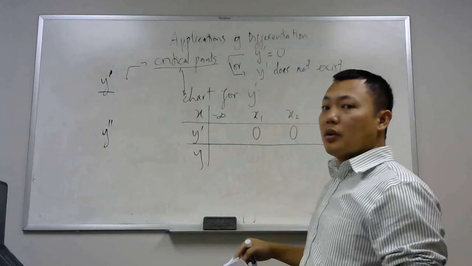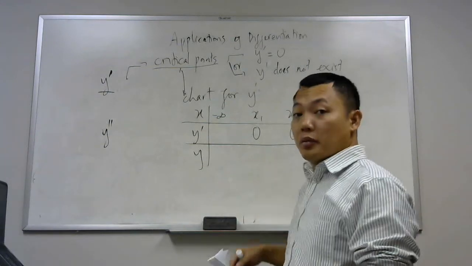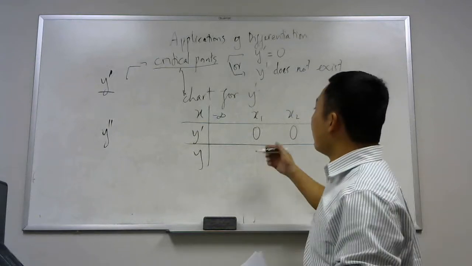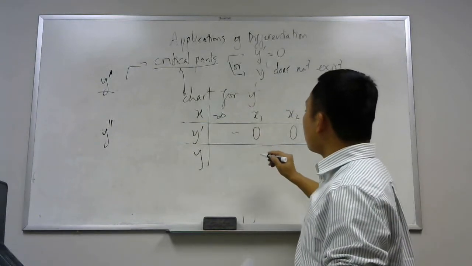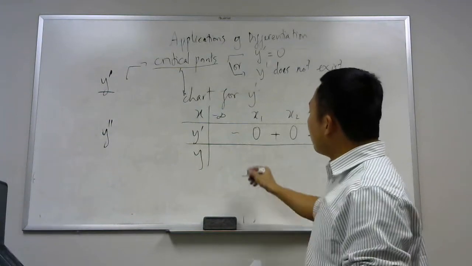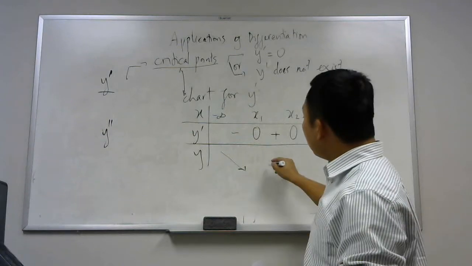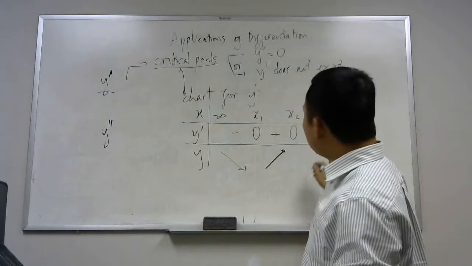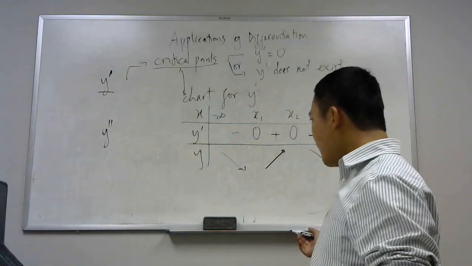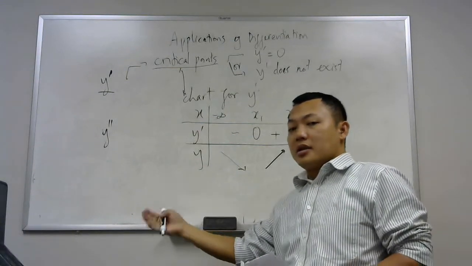Thanks to that, we will know at which point the function attains local maximum or local minimum. For example, if the first derivative looks like this, minus, plus, minus, then I know exactly the function in this interval is decreasing, and here the function is increasing, and then the function is decreasing, right?